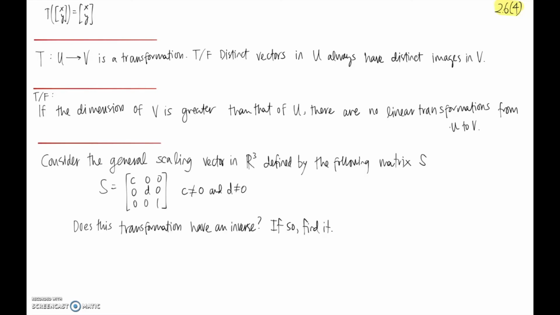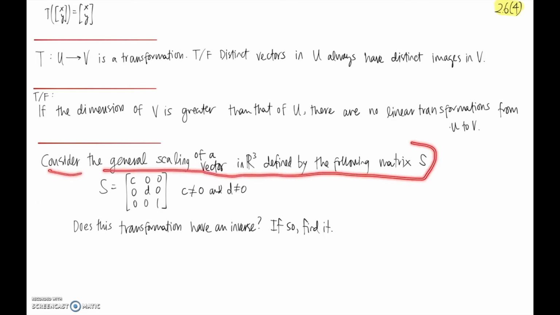Okay, another question you'll see on the quiz, consider the general scaling of a vector in R3 defined by the following matrix S. That's not a vector, that's a matrix.